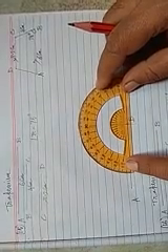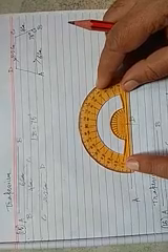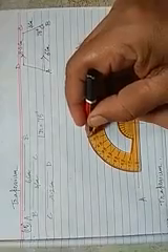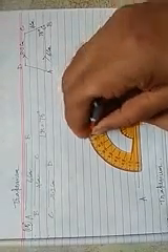You may also use protractor, or also you may do it by compass. So 75 degree, this is 75 degree angle.